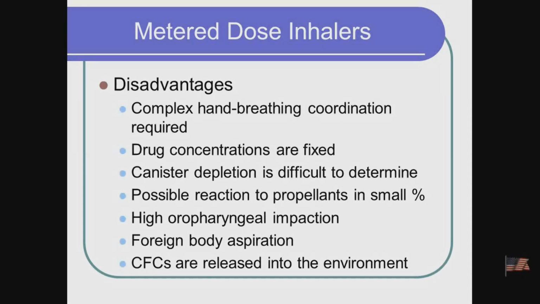Problem is that as you're actuating it, you can still see a plume of mist coming out, but as it gets lower and lower, remember only 1% of that is drug, you actually get less and less medication. You'll have the propellant and the other stabilizers, but you don't have drug anymore.